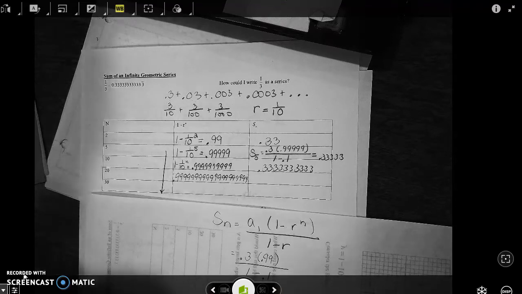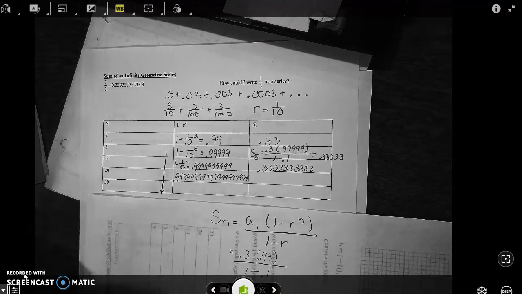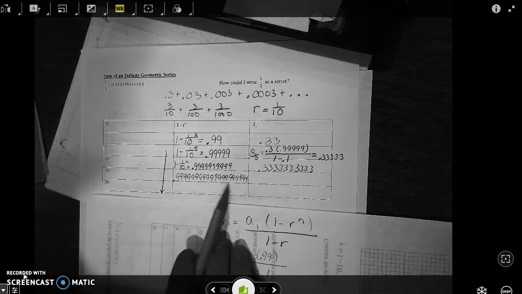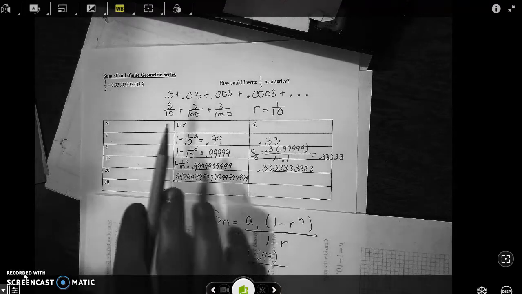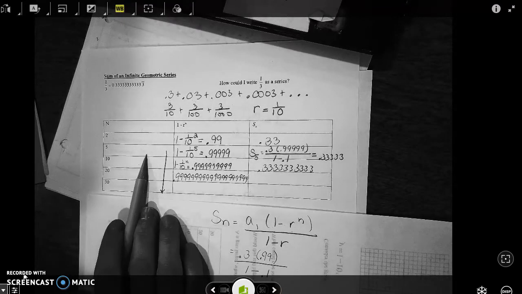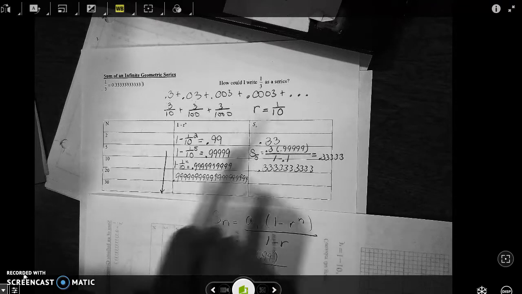Now you should have paused the video and taken a look at what happened as you added more terms of this infinite series together. Again, it's infinite because it goes on forever.